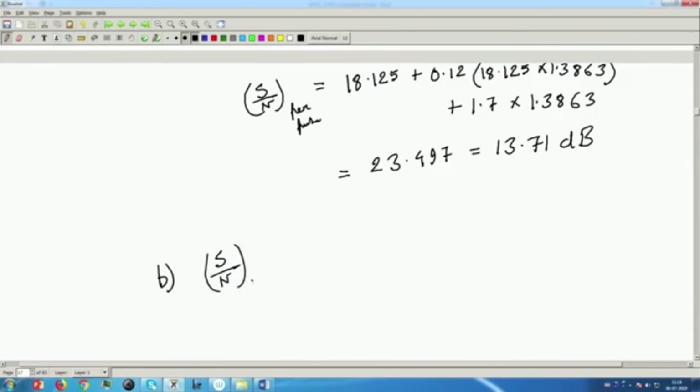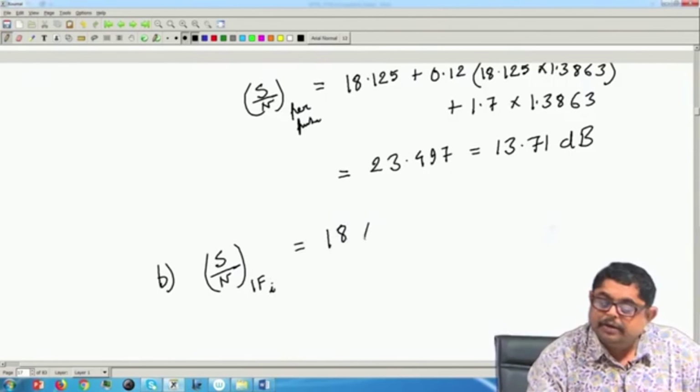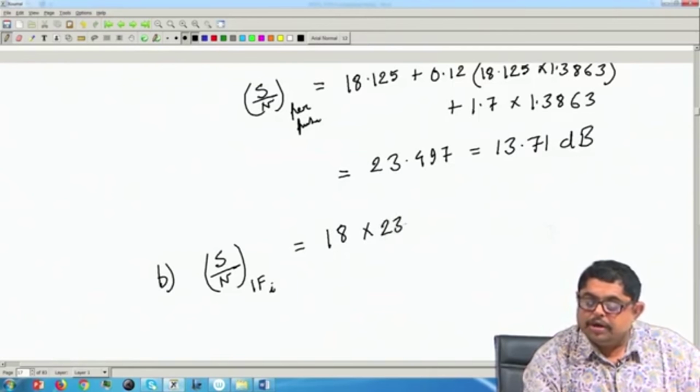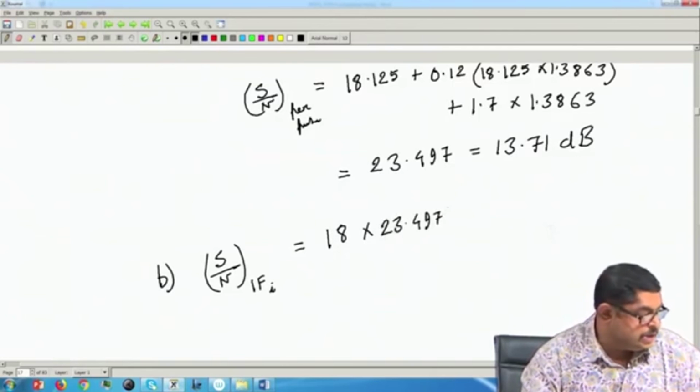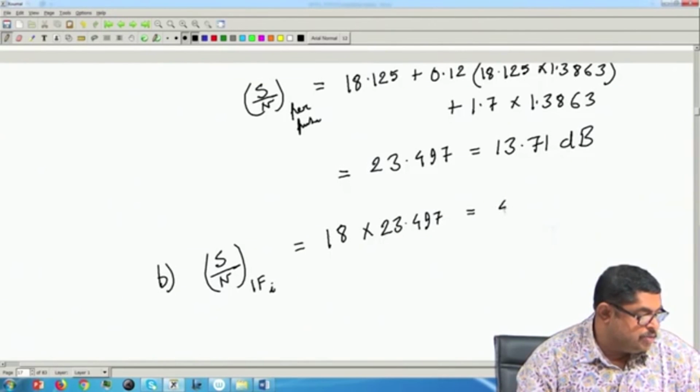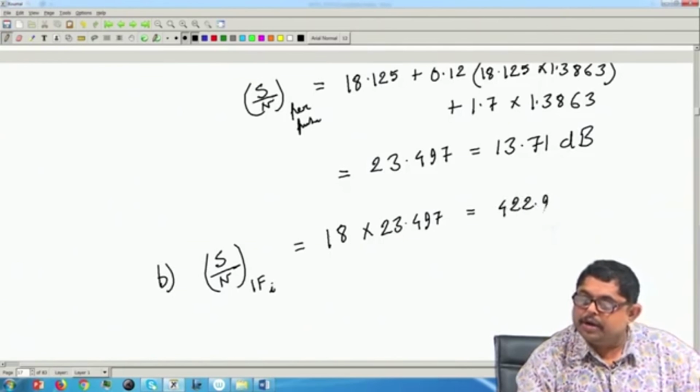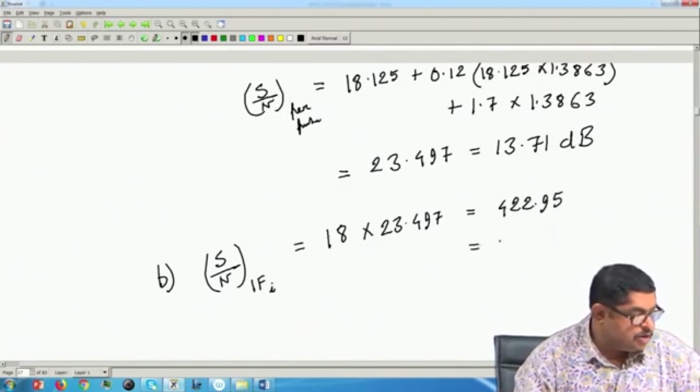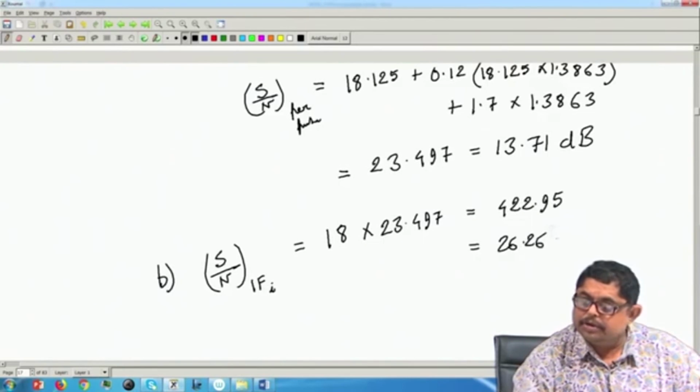So, you add 18 pulses. It will be 18 into 23.497. So, that will be 422.95, that is 26.26 dB.